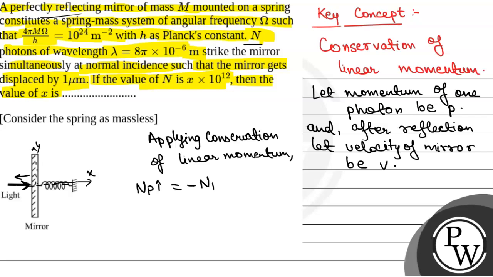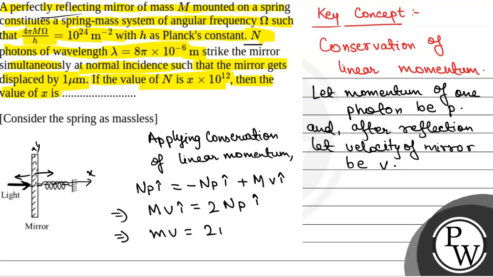So the final momentum will be minus np i cap plus the momentum of the mirror due to its velocity, that is mv i cap, where m is the mass of the mirror.